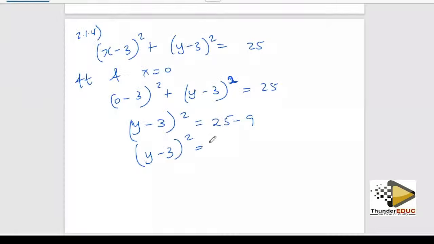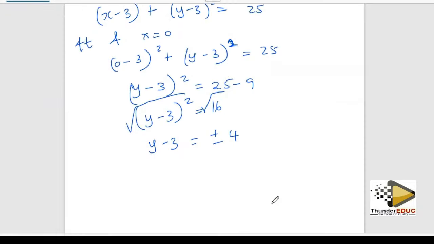So that's a 16. And then I'll find the square roots on either side. So y minus 3 will give me plus or minus 4. I don't want to go that route of opening up, but you're still allowed to do that. You find the quadratic, and then you get your two values using the quadratic formula or factors.